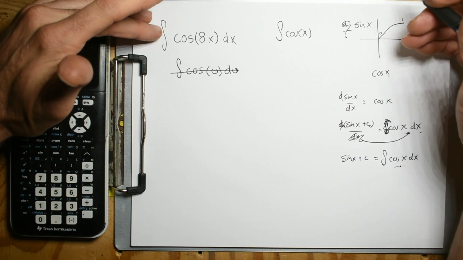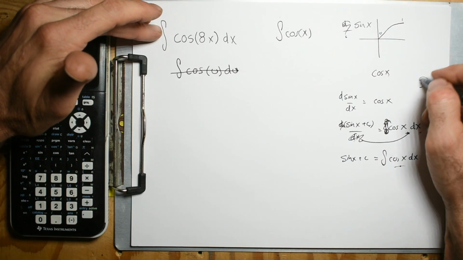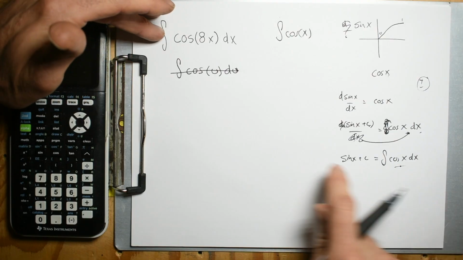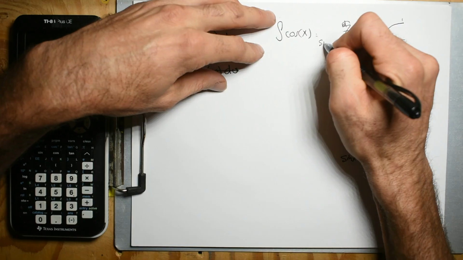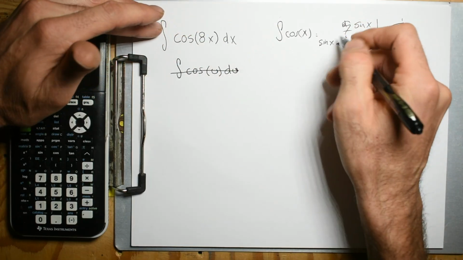And there's 2 of these with a plus and minus, that's what we can add at the end. But let's move on. So we do know that the integration of cosine x is going to be sine x plus a constant. Alright, hell yeah.